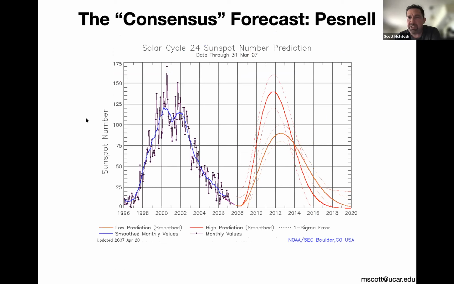But the prediction panel split into two camps. One camp thought it was going to be a very strong and very quick rise, and another group thought it was going to be a late, low rise. So the groups of models were basically decoupled. One was the numerology group, the early one, and the other was the physical models group.